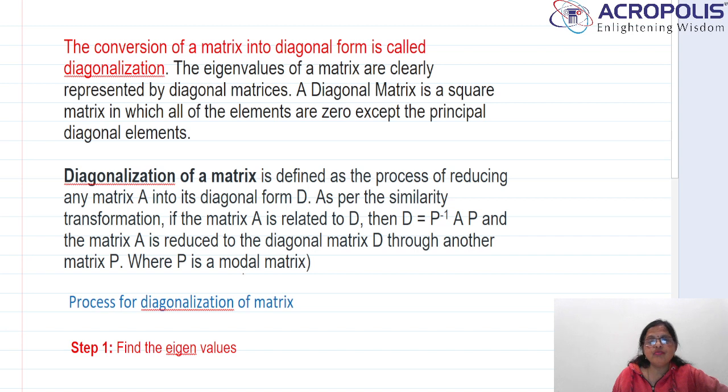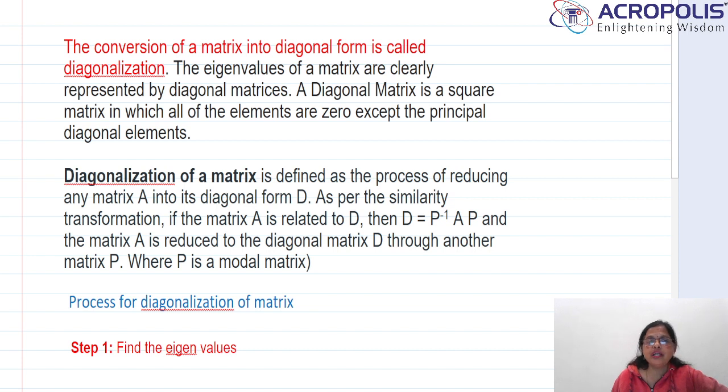The conversion of matrix into diagonal form is called diagonalization. So, in this process, the eigenvalues of matrix are represented by the diagonal matrix. And as we know, the diagonal matrix is a square matrix in which all the elements are zero except the principal diagonal elements.